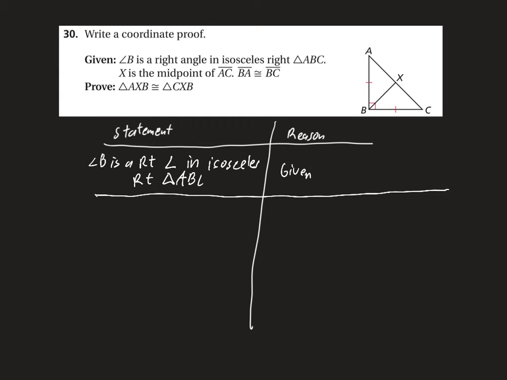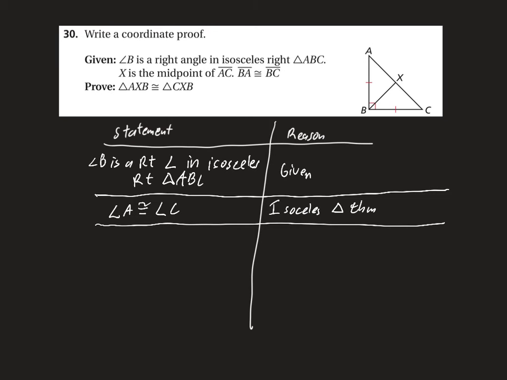And then, so now I know that angle A is congruent to angle C. That is the isosceles triangle theorem. So we now say that this angle is congruent to this one.